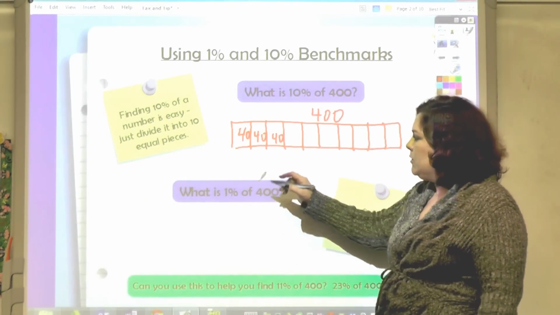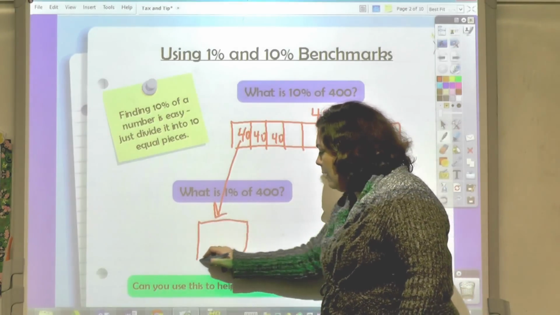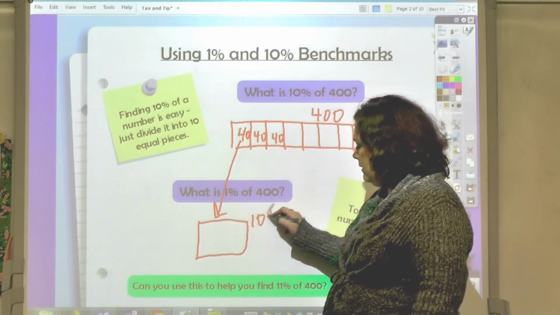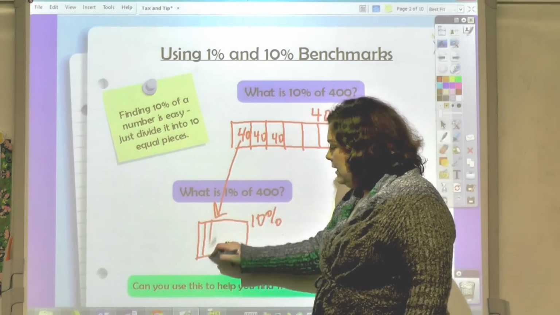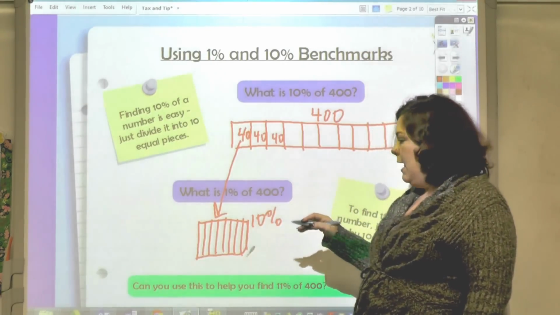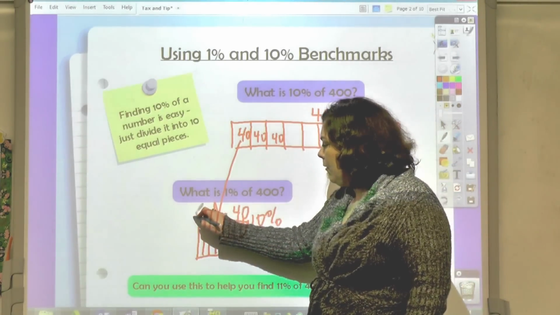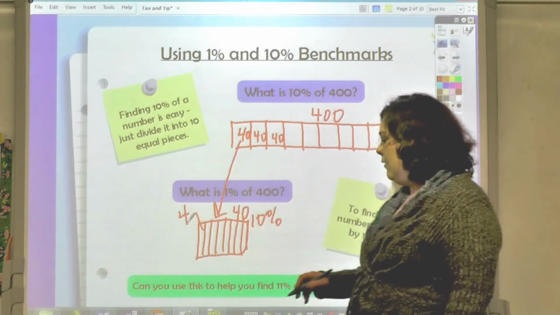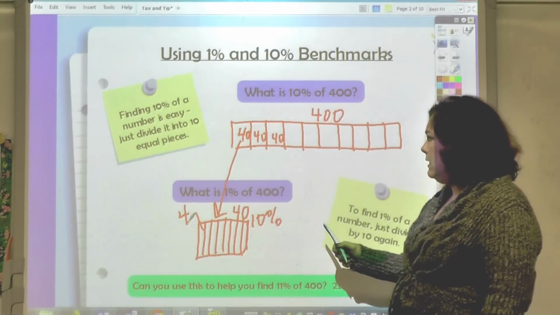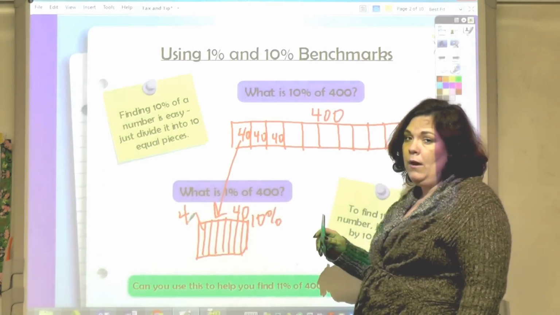Well, what about 1%? You would actually take one of these squares representing 10% and divide it into 1% for each bar. And if the whole thing was 40, each little bar would be 4. Now another way to do this is to move your decimal point 2 places to the left to get to 1%.